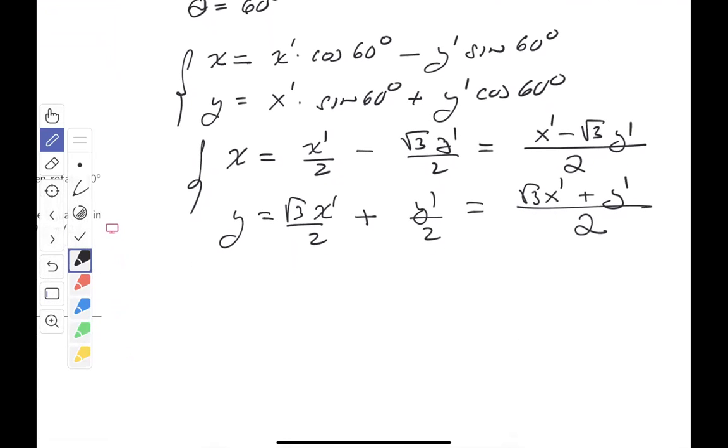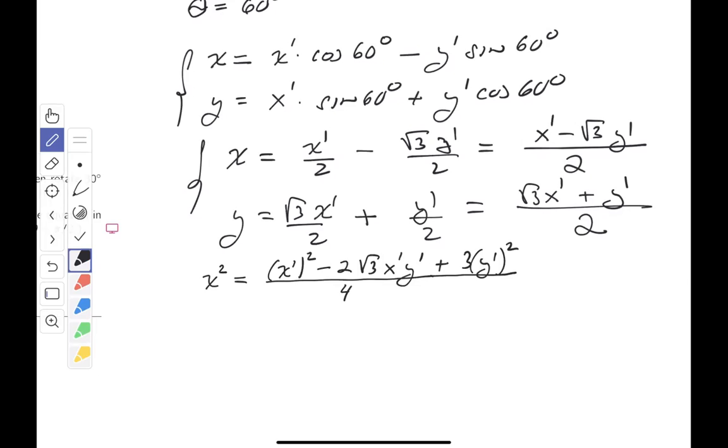Now, I want to just simply write x squared down first. My claim is it's really not difficult to write down. What's x squared going to be? The bottom would be 4. Then you get x prime squared, and then minus 2 root 3 x prime y prime plus 3 y prime squared.